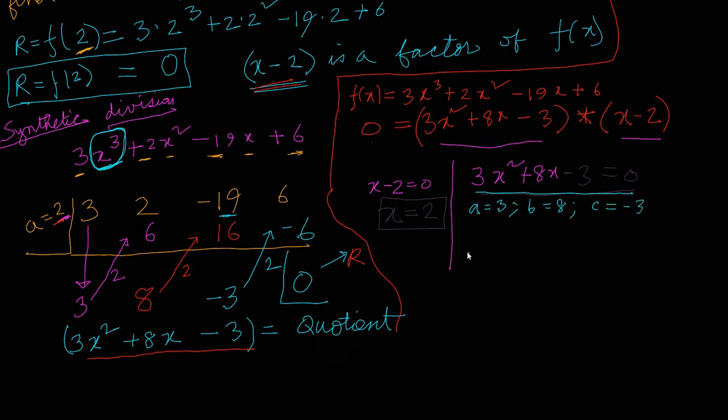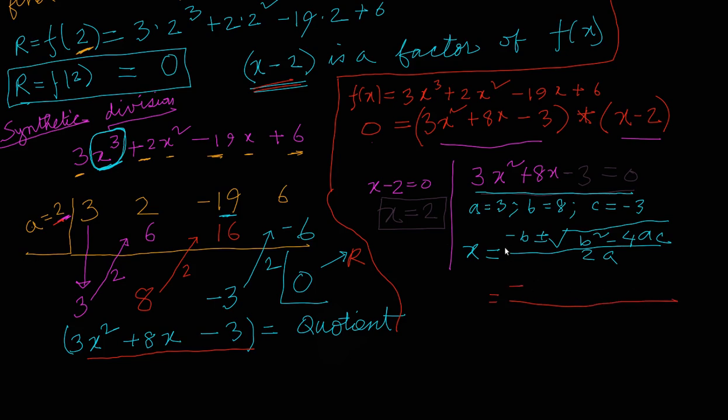So what is going to be my x? My x is minus b plus or minus square root of b square minus 4ac over 2a. All right, so let's substitute all the values of a, b, and c.